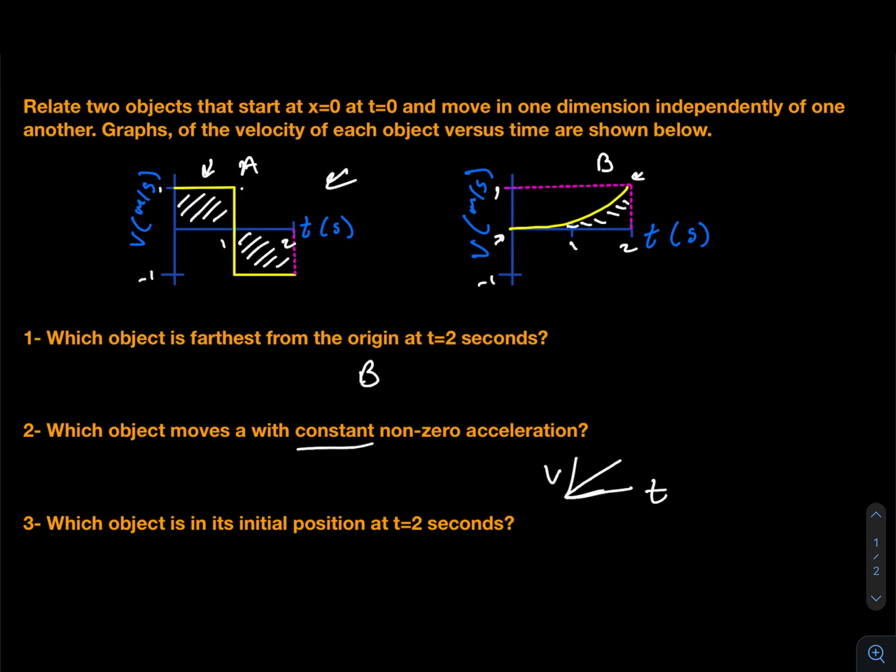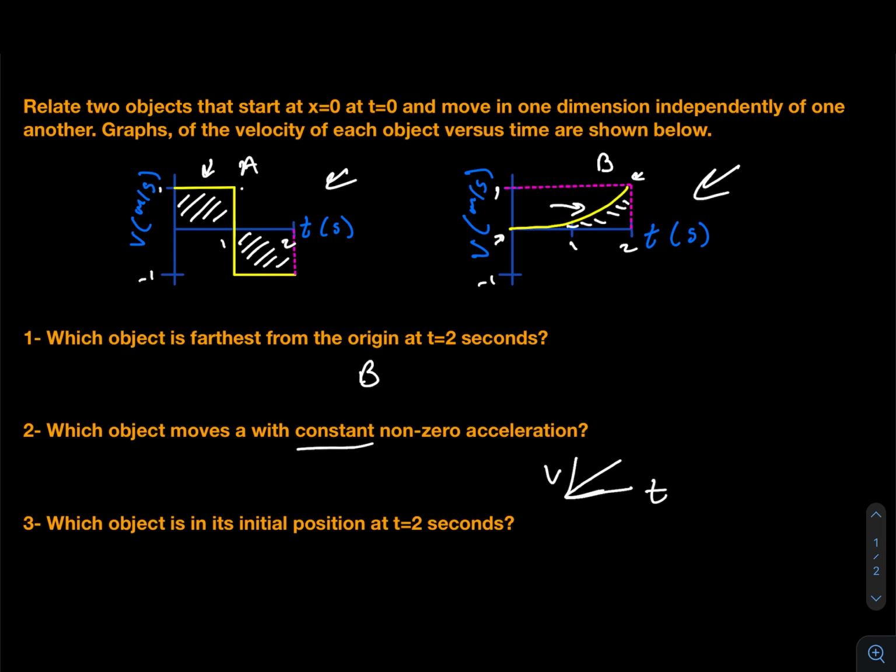If we look at object B here, we notice that the car is speeding up, but this slope line is not staying steady. It's actually curving upwards. So this curved line on object B shows that there is an acceleration, but that acceleration is not constant.